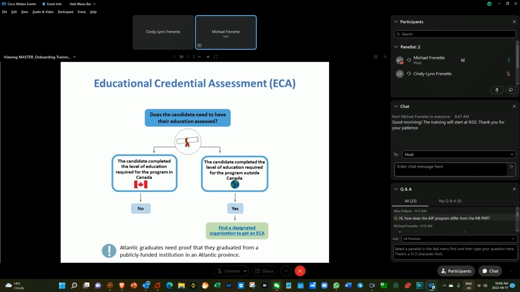The ECA is used to verify that the foreign degree, diploma, or certificate is valid and equal to a Canadian one. IRCC will only accept an ECA from one of the organizations we designate. You can find a list of these organizations online.